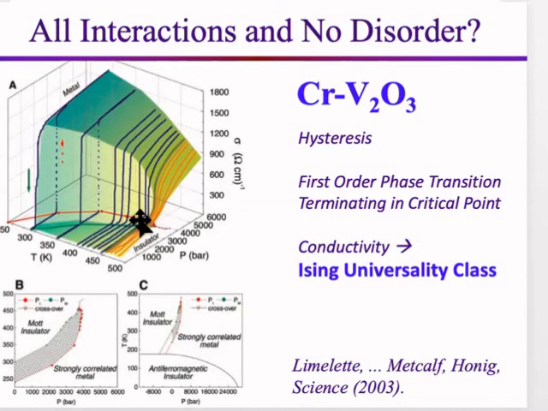That is, that interactions are important, but the disorder plays no role in this transition, even though it's a doped material. So option number one here that's been put in the literature is that perhaps these metal insulator transitions in Mott Metal-Insulator materials are all interaction dominated and disorder doesn't play a role.